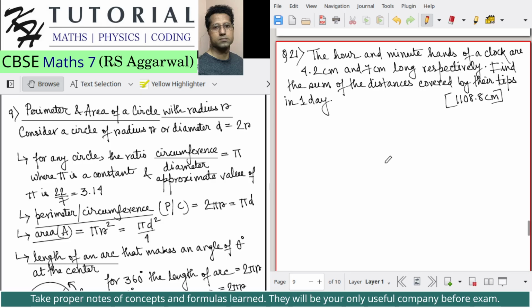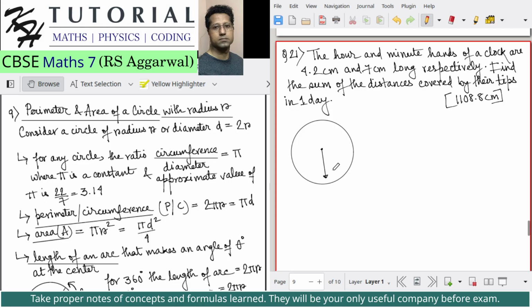Find the sum of the distances covered by their tips in one day. So we have a clock, and let's say from the center, this is the hour hand.